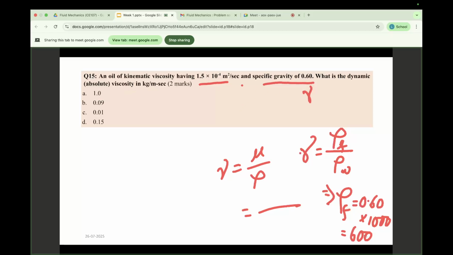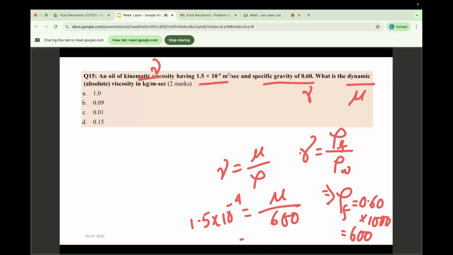Sorry, we have to find out this dynamic viscosity, and kinematic viscosity is given. Kinematic viscosity means this one, value 1.5 into 10 to the power minus 4. So this one is mu, which we have to find out. So that is 600 times this.